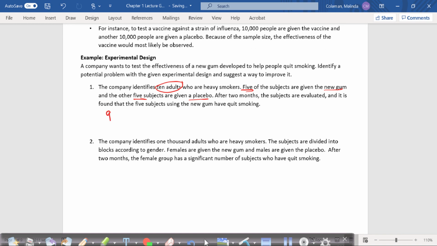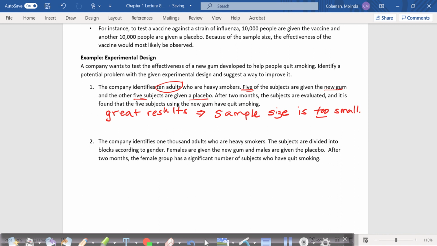So although you do have great results, which is nice, those results are based on such a small sample size that it's really not large enough to make that distinction that it is 100% effective. So it has great results, but again, the sample size is too small. And in this case, I would say it was way too small, because again, 10 people really doesn't give us any indication as to whether or not it really is effective.